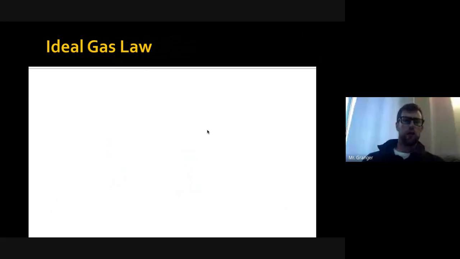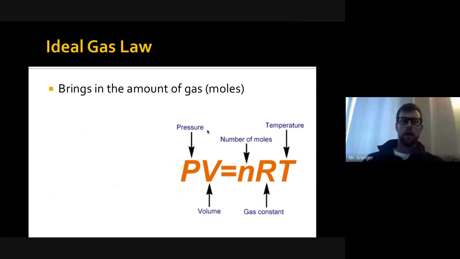Our final equation that we want to look at today is PV equal to nRT, called the ideal gas equation. This equation brings in the amount of moles, or our quantity of gas that's present, so we can quantify the gas present in a container or in an experiment.